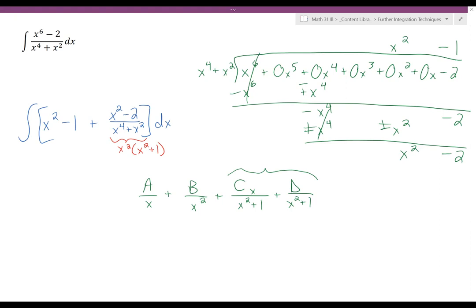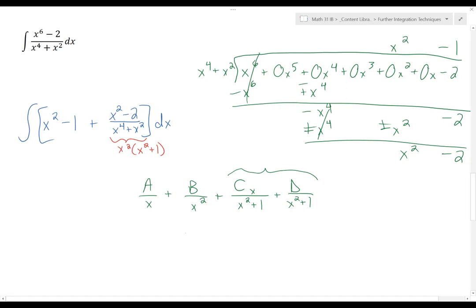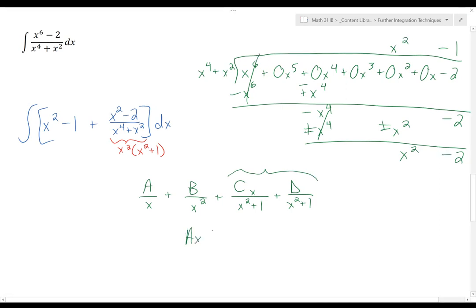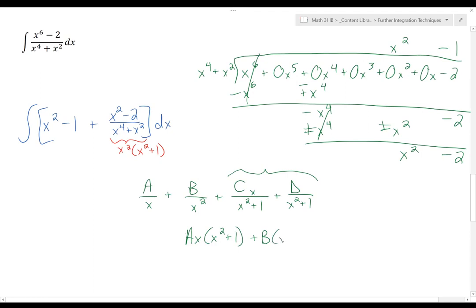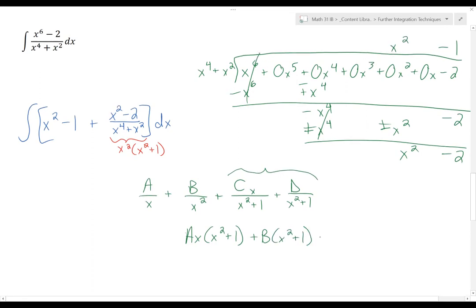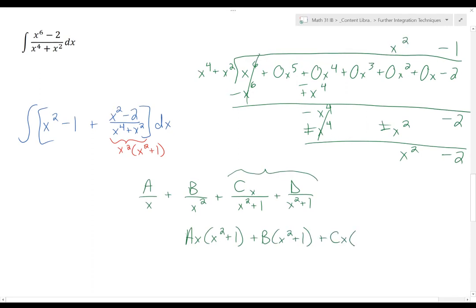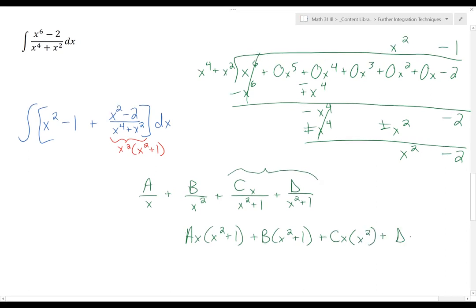All right, so now for a common denominator, the A would have to be multiplied by x and x squared plus 1. The B would have to just be multiplied by x squared plus 1. Cx would have to be multiplied by x squared, and D would have to also be multiplied by x squared.